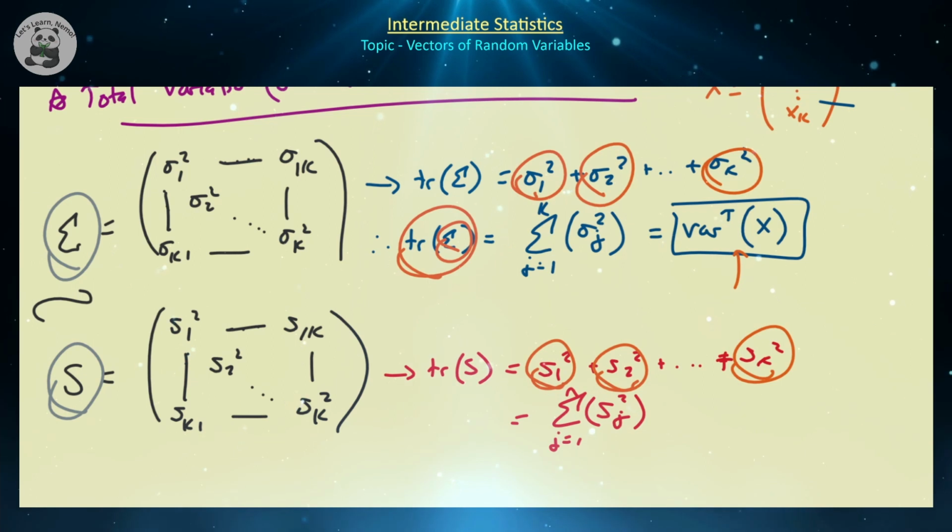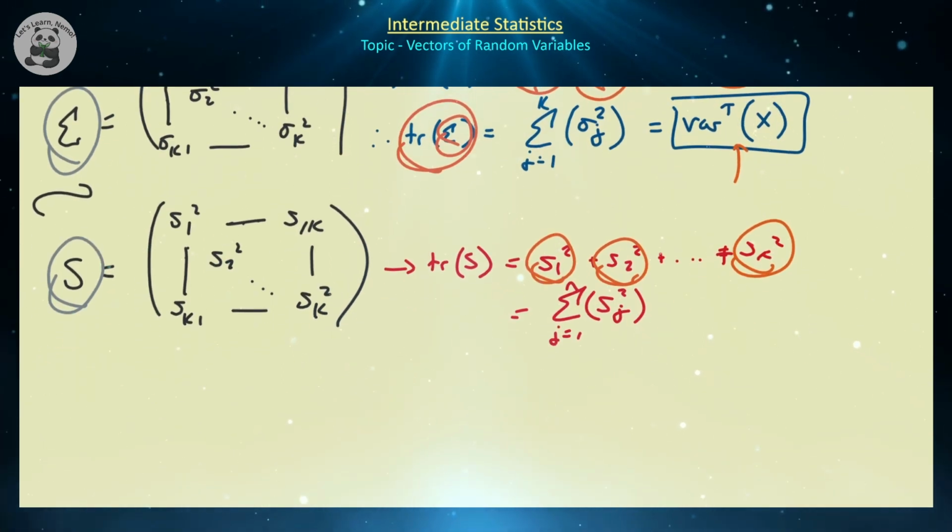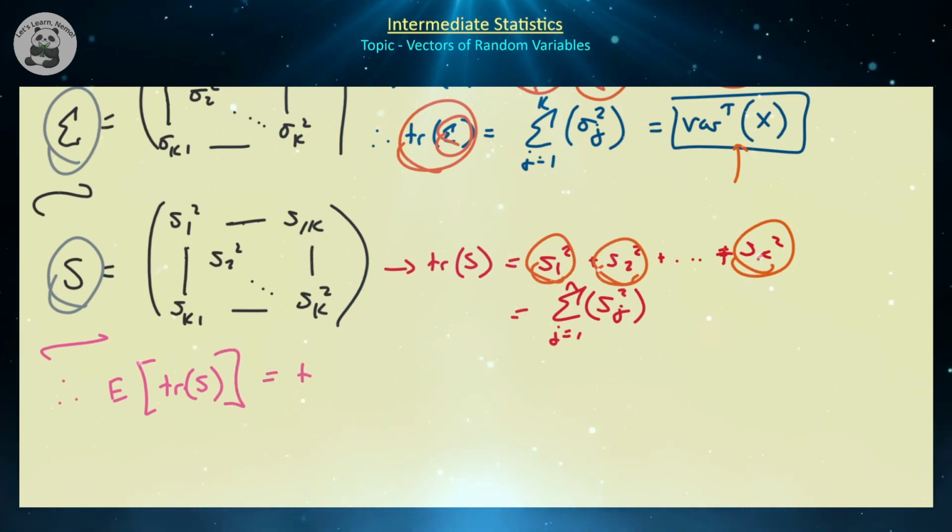Right? So we should be able to prove with quite ease that the expected value of the trace of S is going to be equal to the trace of sigma. Right? So if that is the case, that means that this is an unbiased estimator for this.